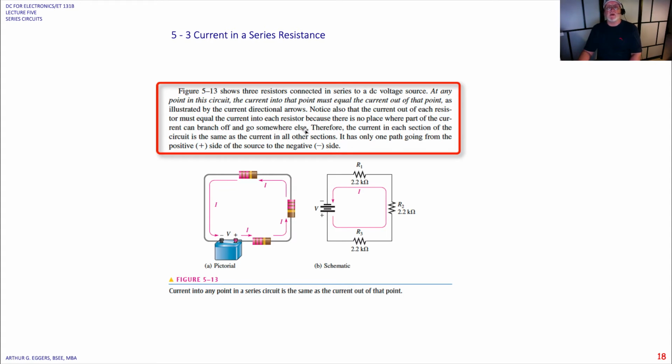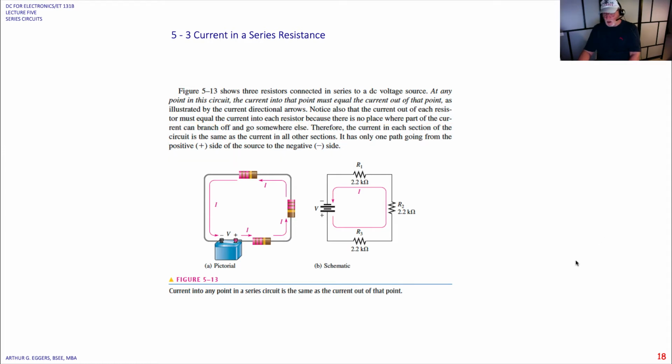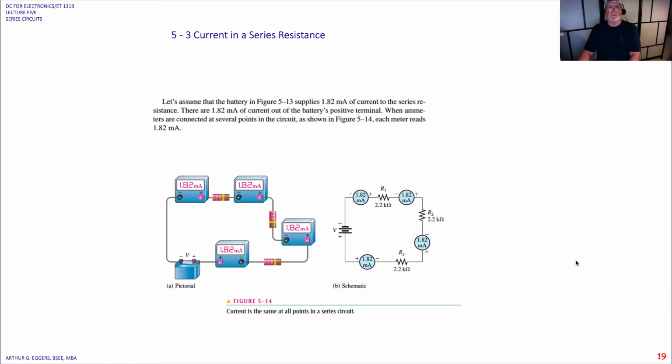So keep that statement in mind, because when we change gears and move away from series into parallel and later into series parallel, that statement will only apply in the series branch of any circuit. Therefore, the current in each section of the circuit is the same as the current in all other sections.